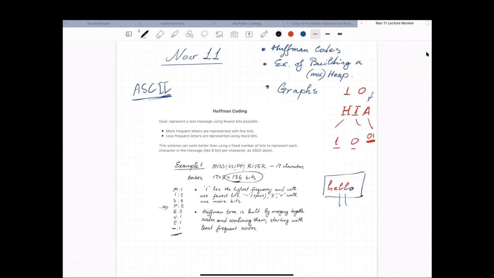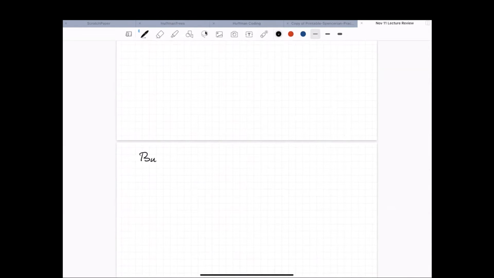How about building a heap? Build a max heap from the following, let's say 8 elements.